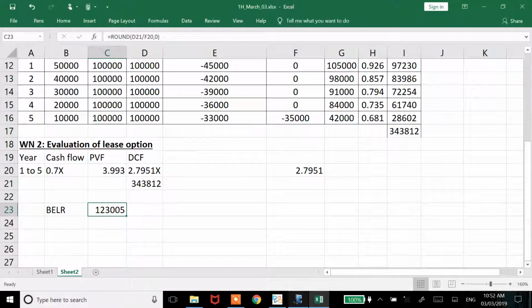If I am getting a lease rent of 123, I would prefer both of them. I am indifferent. If lease rent is less than 123, leasing is preferred. If rent is more than 123, loan is preferred. So the break-even lease rental or indifferent lease rental is 1,23,005.